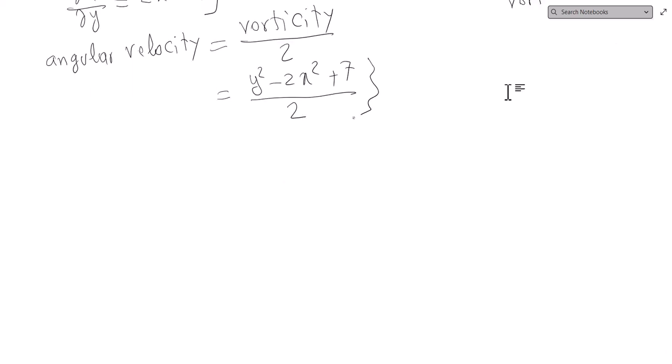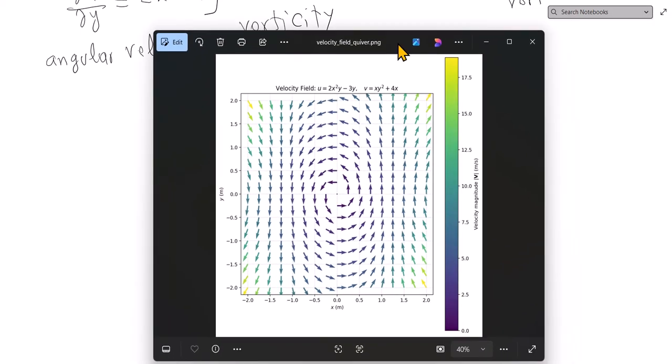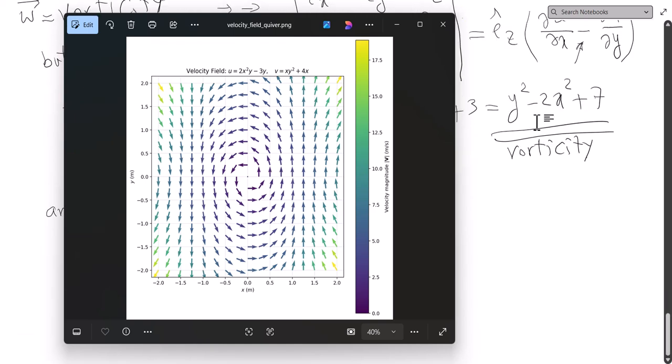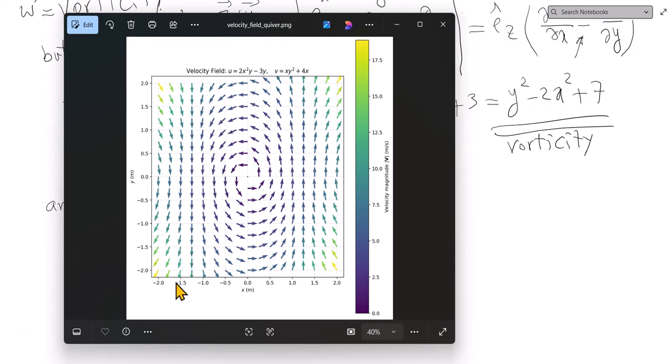Okay, so I made a chart of this velocity field to get some feeling of it. As you see here, this is a graph between -2 and +2 for x, and -2 and +2 for y, and this is the velocity field that we started with, based on which we calculated the vorticity.